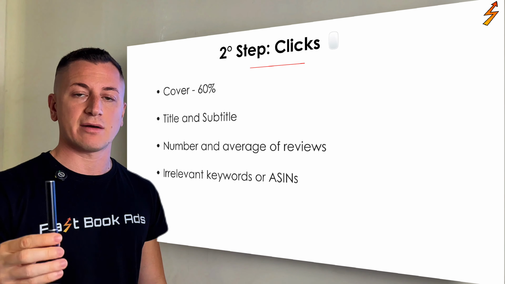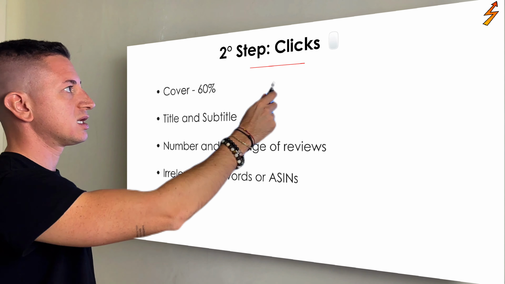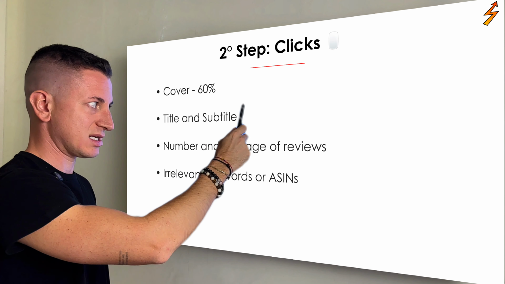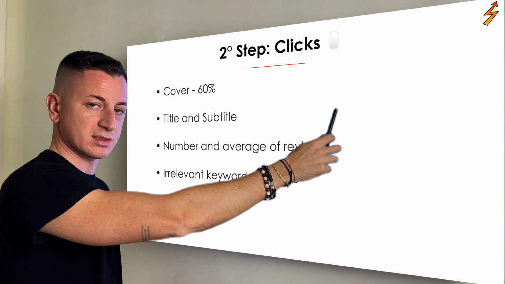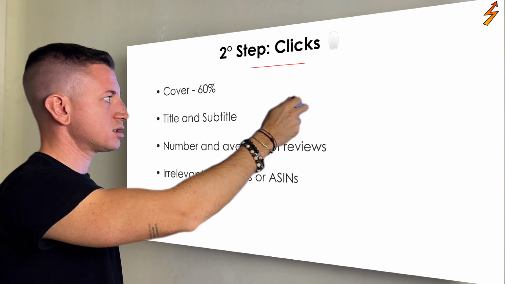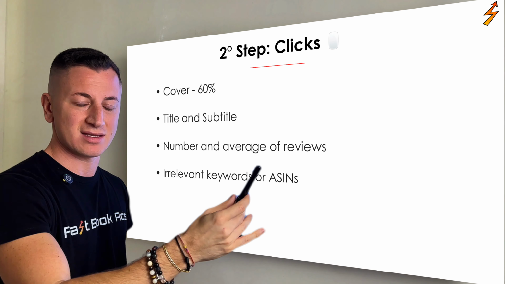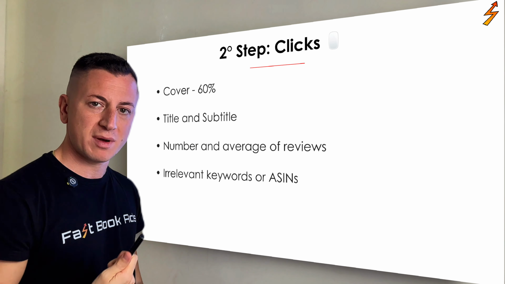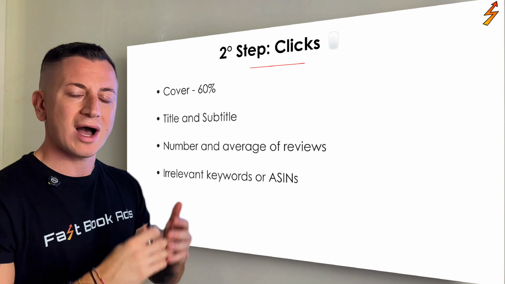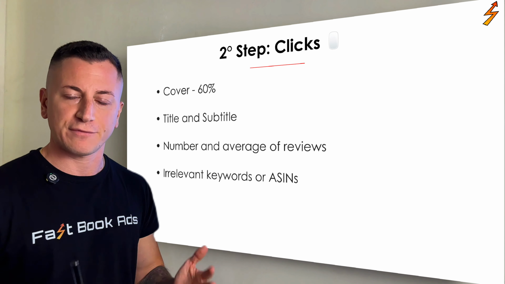Remember, Amazon ads are responsible only for generating impressions. Here, in the second step, and in the third step, the responsibility to generate clicks and sales is on our book. Clicks and sales mean human behavior. So Amazon ads don't have the power to generate sales from nothing.